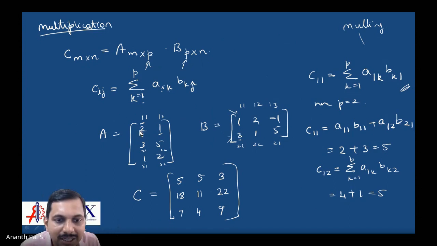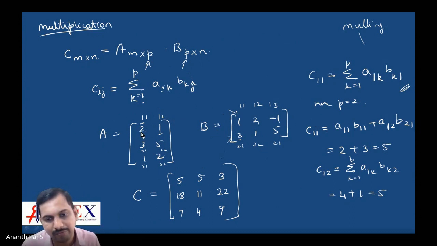The number of columns in the first matrix should be equal to the number of rows in the second matrix.